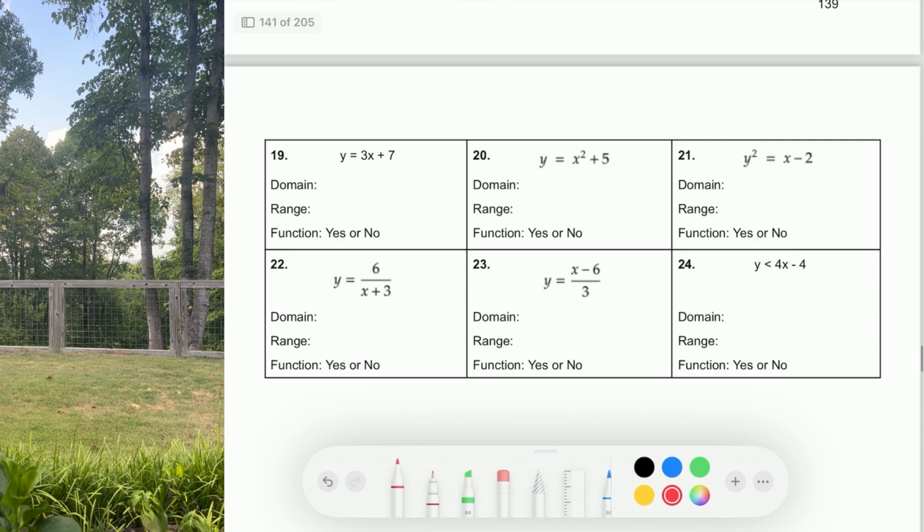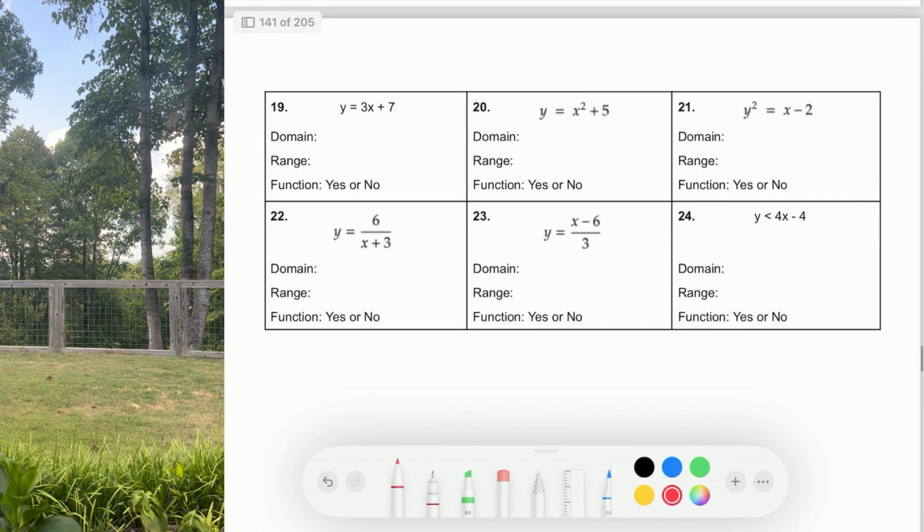All right, let's look at our last few, and that involves the equations, determining whether or not this is a function based solely on equations with no graph or charts or tables. So number 19 has y equals 3x plus 7.